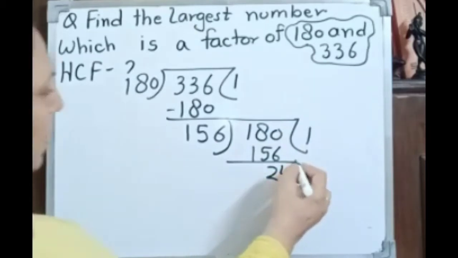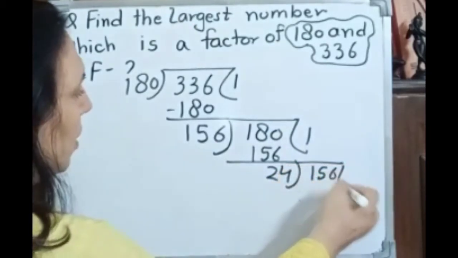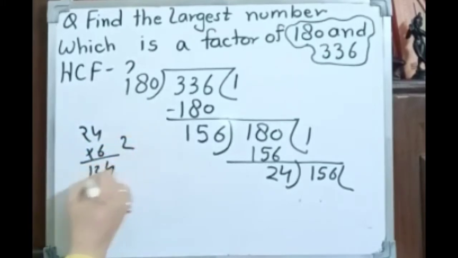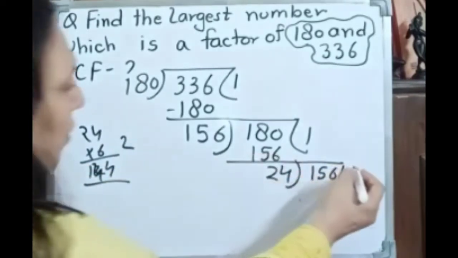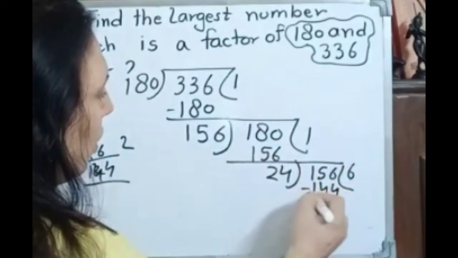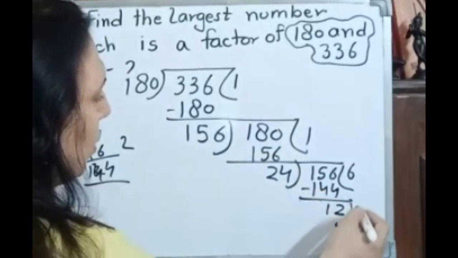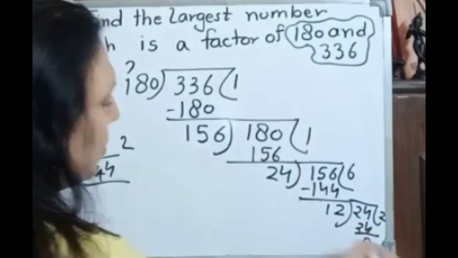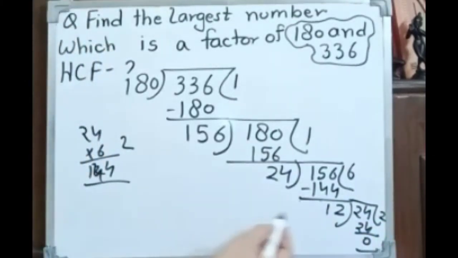Then take again this 156 and divide 180 by it, leaving 24. Now 156 divided by 24: 6 times 24 is 144. Subtracting it, we have 12. Then 24 divided by 12: 2 times 12 is 24, so we have 0. So which one is the highest common factor? That is 12. So the answer is 12.